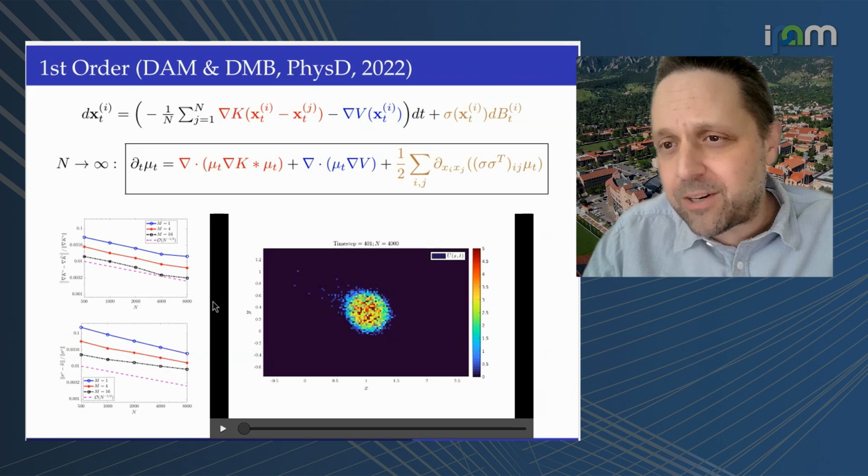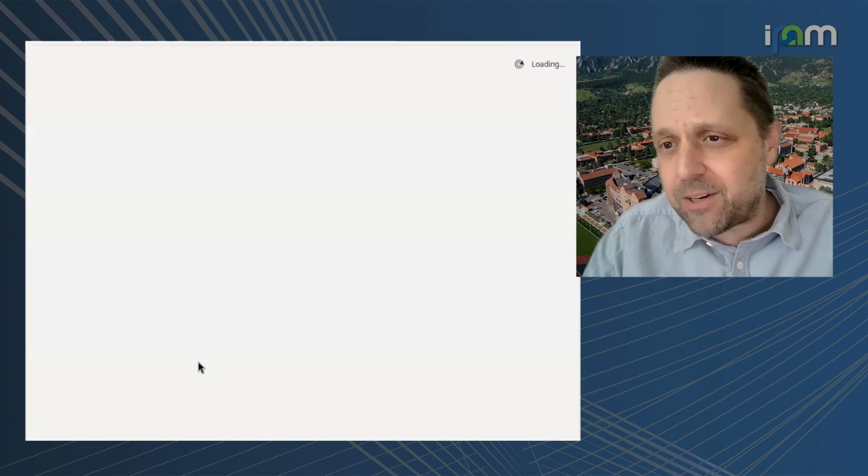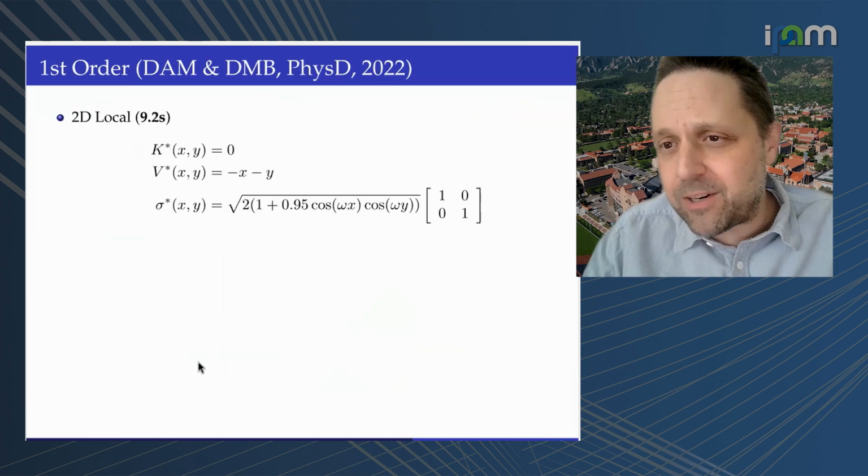Along the horizontal axis, we're obeying what you would expect theoretically. This is the number of particles, and blue to red to black is different numbers of experiments. The purple dotted line is just for reference, the 1 over root n convergence. You can see that, not always exactly, but it's obeying pretty much a 1 over root n convergence here. So that's nice to see that it's matching up with some theory.